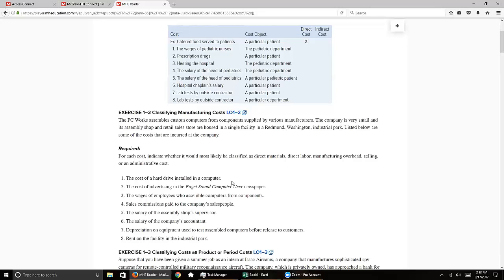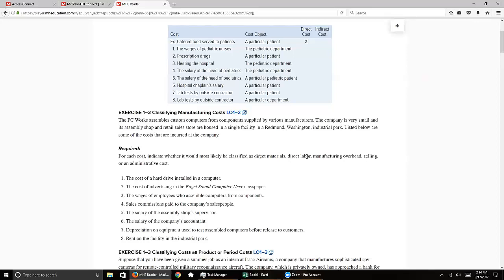Then at that second level, if I've determined that it's a product cost, direct materials, direct labor, or manufacturing overhead, I can ask, is it a direct or an indirect cost? By that we mean, is it easily or reasonably traceable to individual products and individual units of product? If it is, then we'd consider it some kind of direct cost, and then it would become direct materials or direct labor.